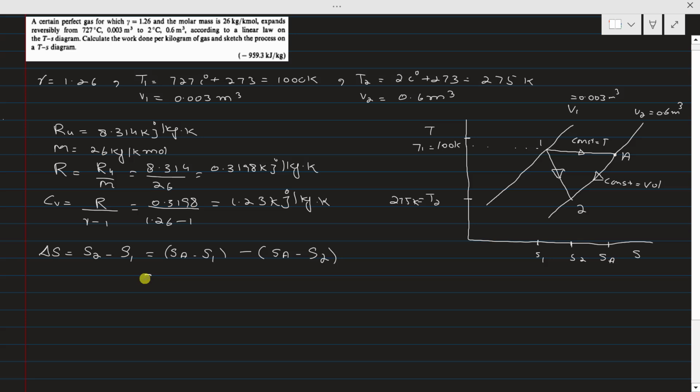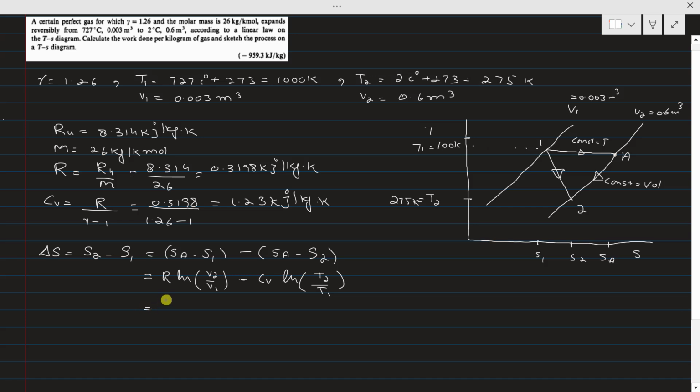The change in entropy from process 1 to A takes place at a constant temperature, so it will be equal to R ln V2 divided by V1, where V2 is the final volume and V1 is the initial volume, minus Cv, since A to 2 is at a constant volume, so we write Cv ln and in terms of temperature, T2 divided by T1.